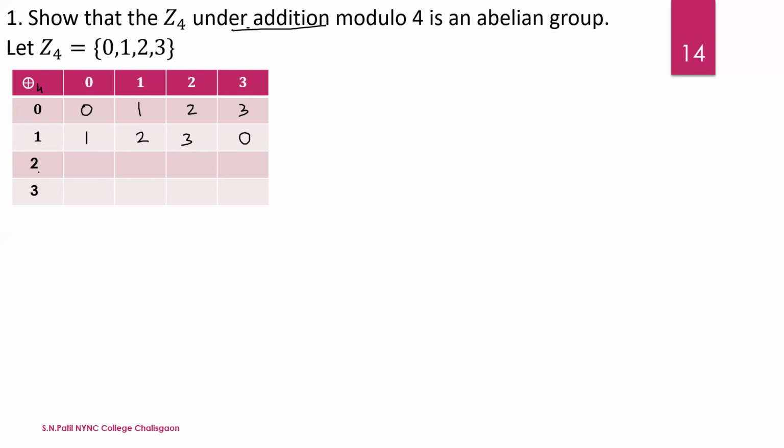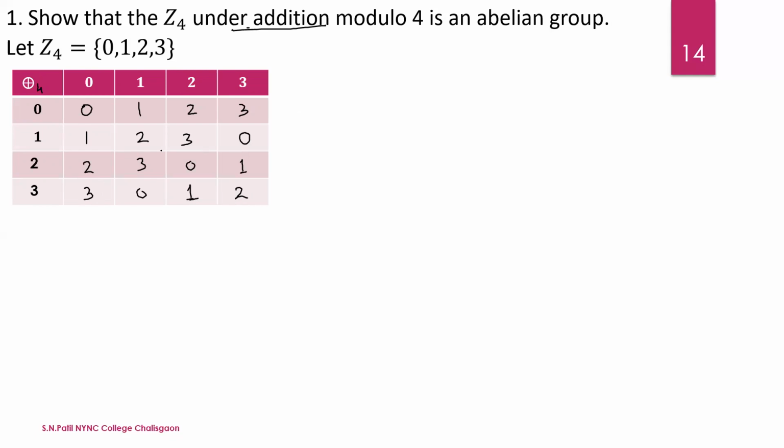Okay, now 2 plus 0 is 2, 2 plus 1, 3, 2 plus 2, that is 4 modulo 4, that is the 0, 2 plus 3, that is the 5, divided by 4, the remainder is 1. 3 plus 0 is 3, 3 plus 1, 4, modulo 4 means what? 0. 3 plus 2, 5, the remainder is 1. 3 plus 3, 6, modulo 4, the remainder is 2. Okay, so this is the composition table.